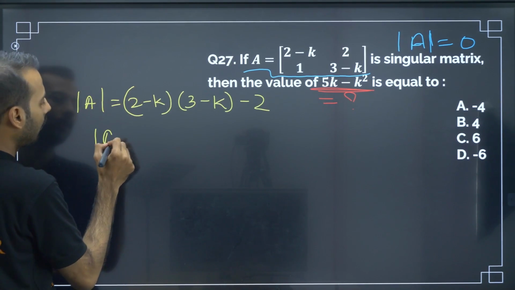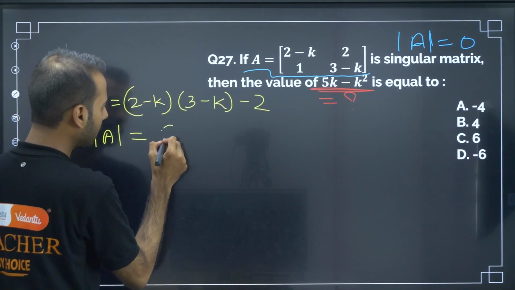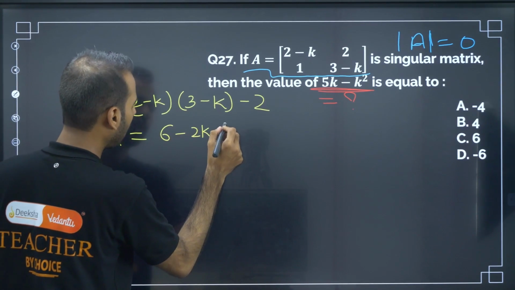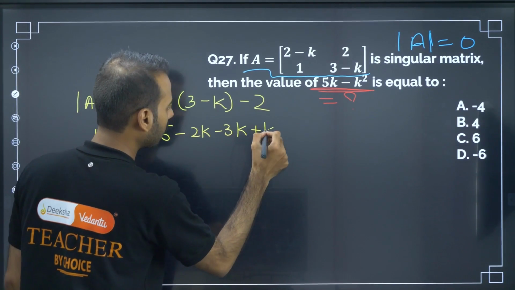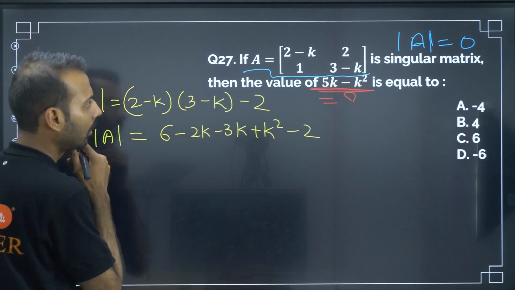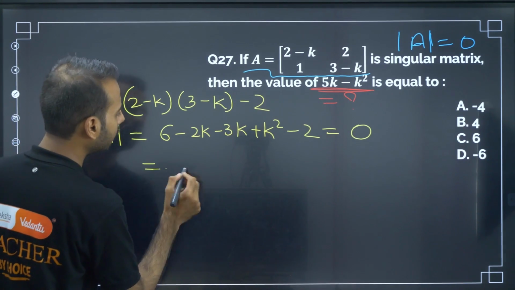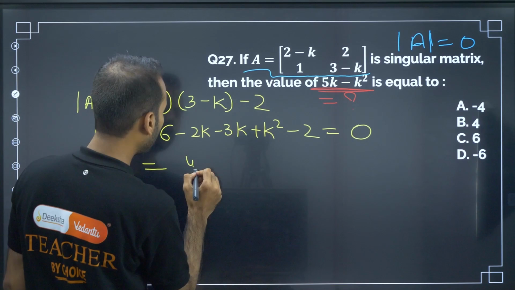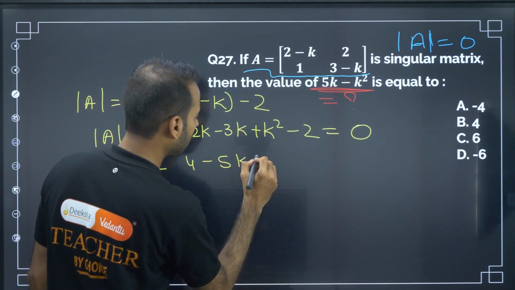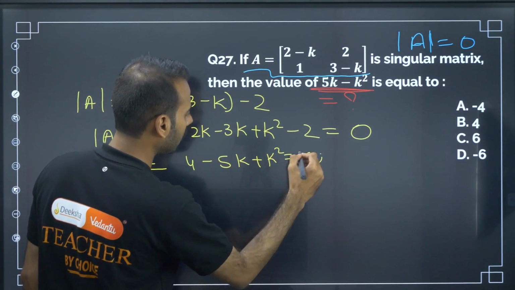The determinant of A is equal to 6 minus 2k minus 3k plus k square minus 2. Since it is a singular matrix, its value is 0. So 4 minus 5k plus k square is equal to 0.